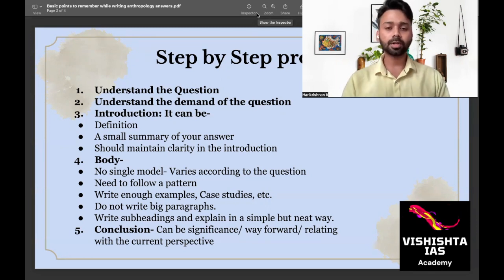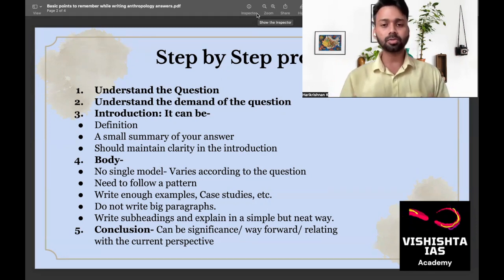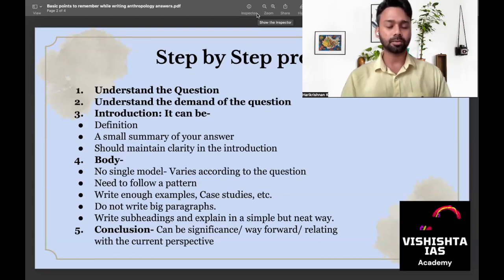In your introduction, it can be done in different ways. There is no single method of writing an introduction. If it is asking about a certain concept, what I would advise you is to write the definition of the concept in a clear way so that there is no doubt.